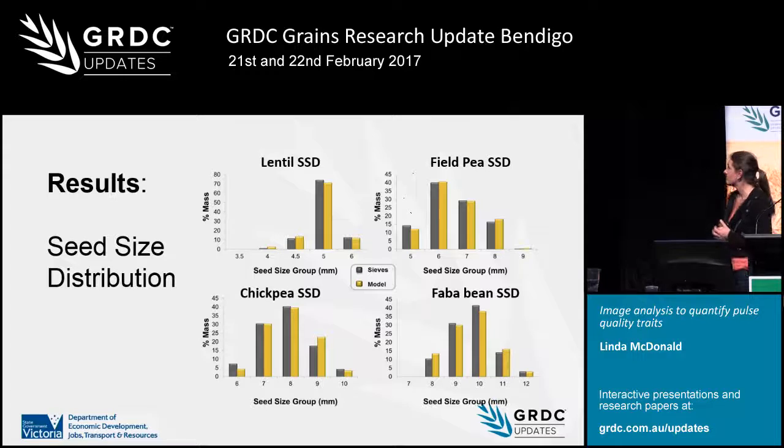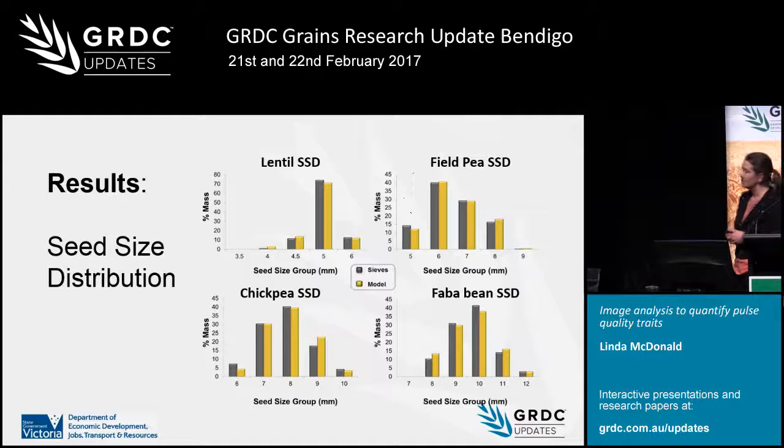So just to finish off, I've got a couple of slides of results so far and what we're seeing with the image analysis. This is seed size distribution of 4 different pulse types. So we've got lentil, field pea, chickpea and faba bean. On the x-axis there is the size grade, or your seed diameter, if you will.